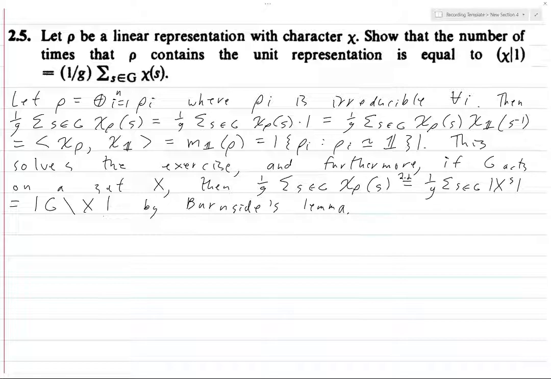But whatever it does refer to, you can just look up Burnside's lemma and use whatever notation you find or whatever works for you. But it's the number of orbits of G on X that I have written down. That's in the problem statement, the way it was stated when I had this exercise.